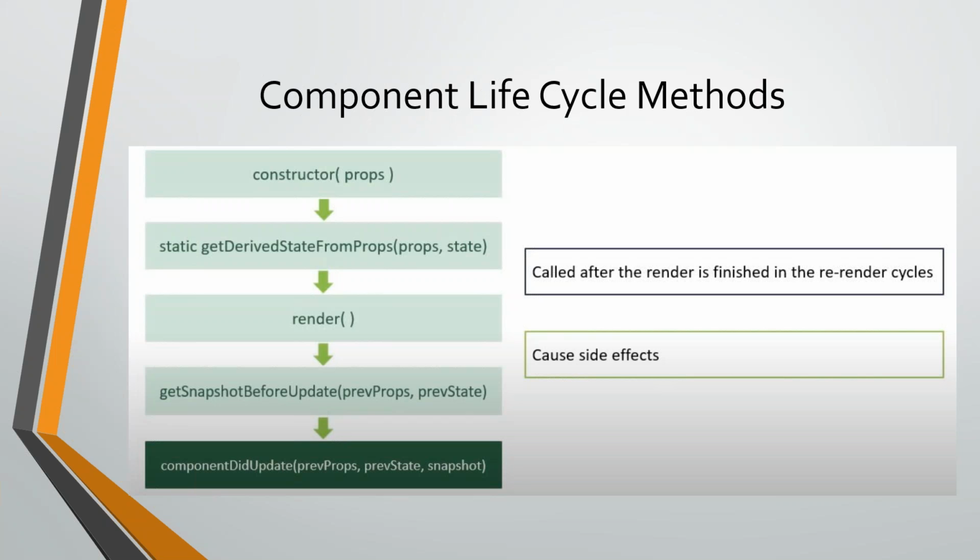Okay, so suppose now where exactly do I use componentDidMount and componentDidUpdate? The changes are like this: didMount is used to call a RESTful web service. didUpdate is used if I want to transform that data and show it on the screen. So the data is shown on the screen now. I'm updating something and I want to transform the data.